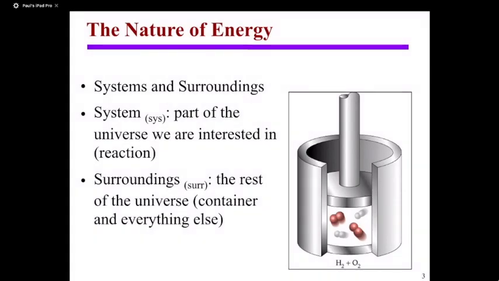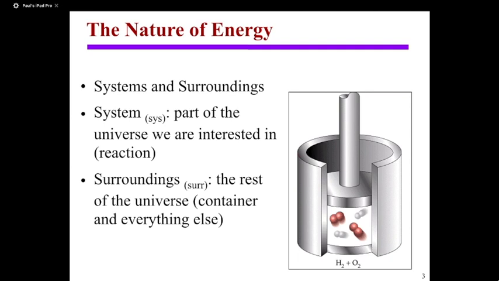All right. Here is one thing. We got to think about energy, okay? And when we talk about energy, here's where flow comes into place. There are 2 places in which energy can come from and go to. One is called the system, and one is called the surroundings. The system itself is the part of the universe that we are interested in, the actual chemicals that are reacting.